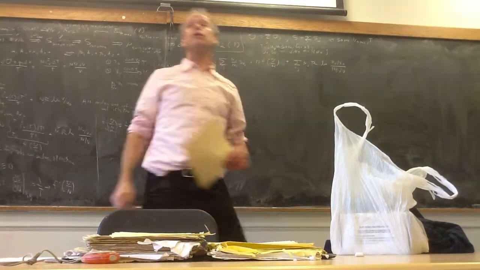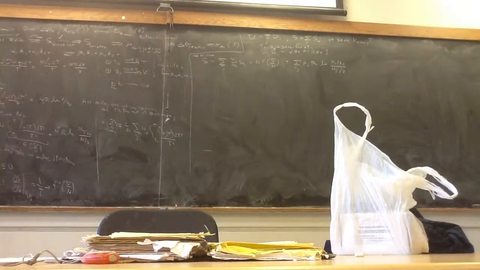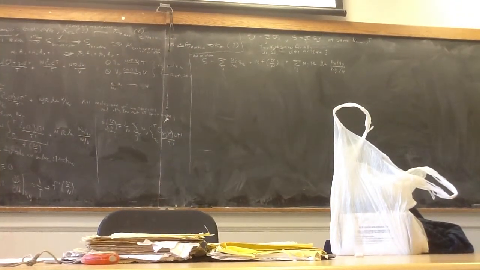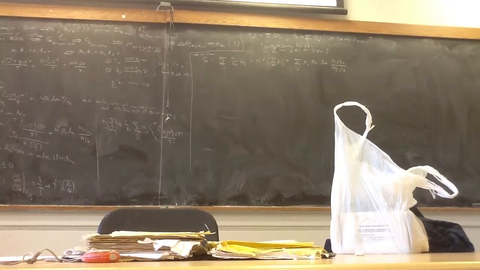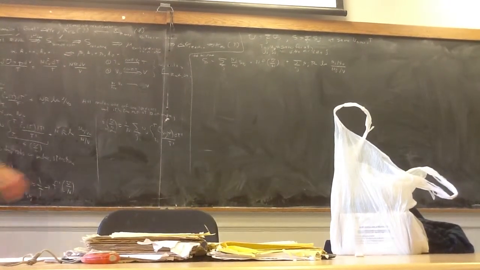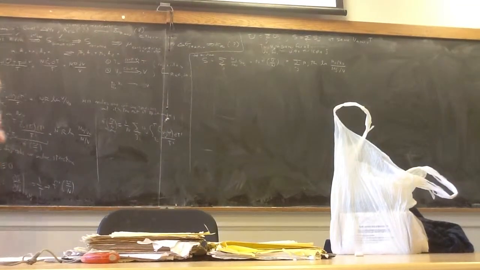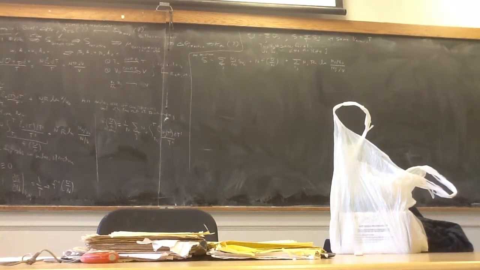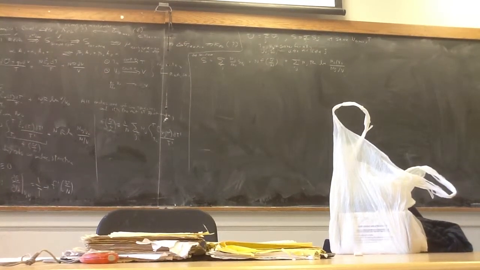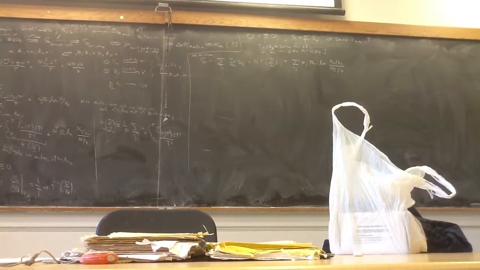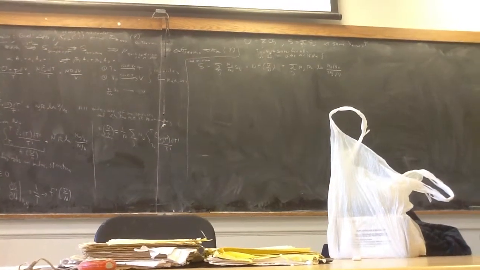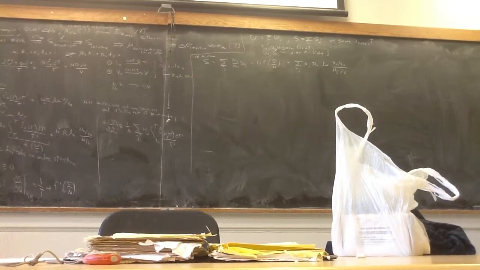I'd like to play around with this nj over v and get it into another form. Because these are ideal gases, and it's an ideal mixture, nj over v is just pj, the partial pressure, over RT.